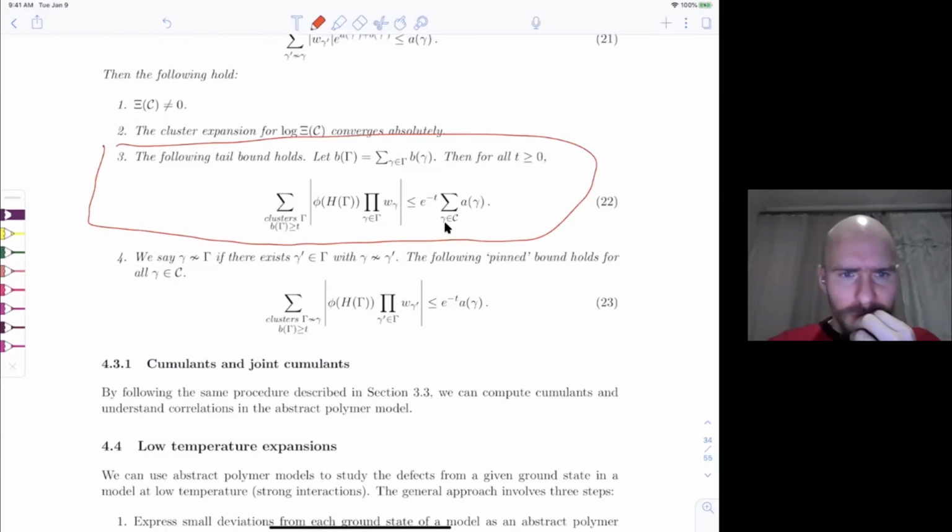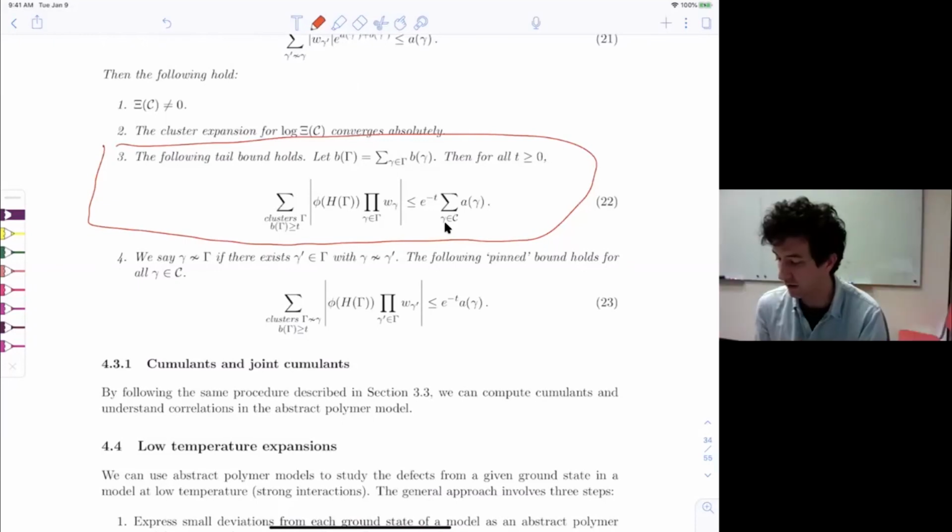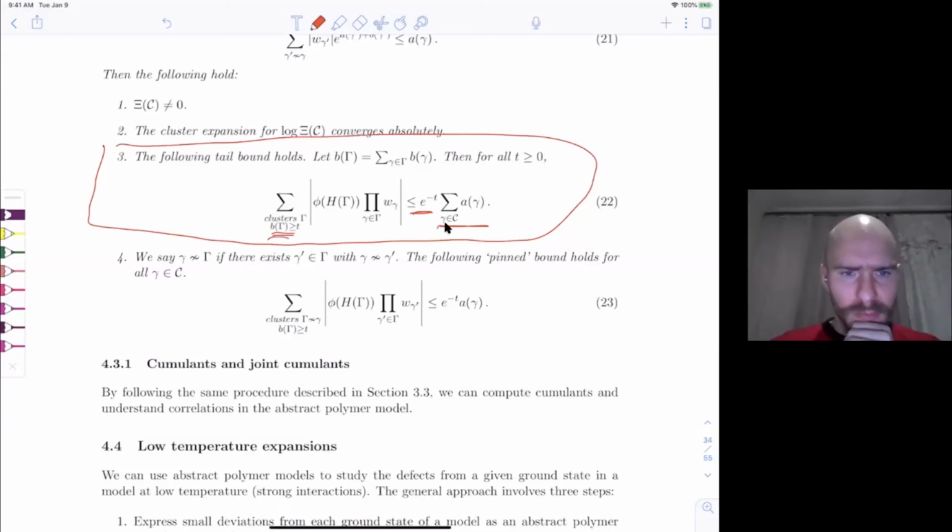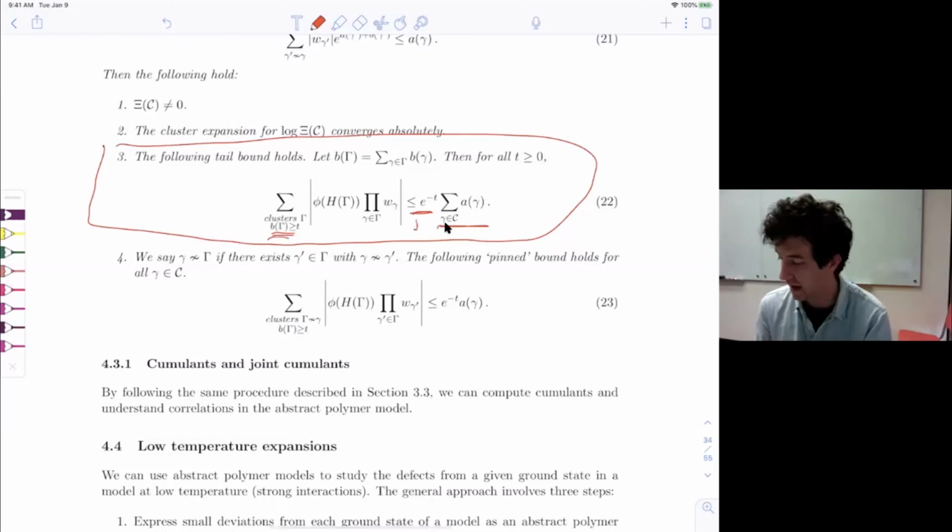What it says is that the sum over all the clusters that are big, whatever big is relative to B, of the absolute value of the terms you're summing, is certainly an upper bound on the tail of the cluster expansion. This is at most something exponentially small times something like n, the number of vertices in your graph. And so you just want to see how small this is, and this is getting smaller exponentially as the size gets larger. But it's very explicit.